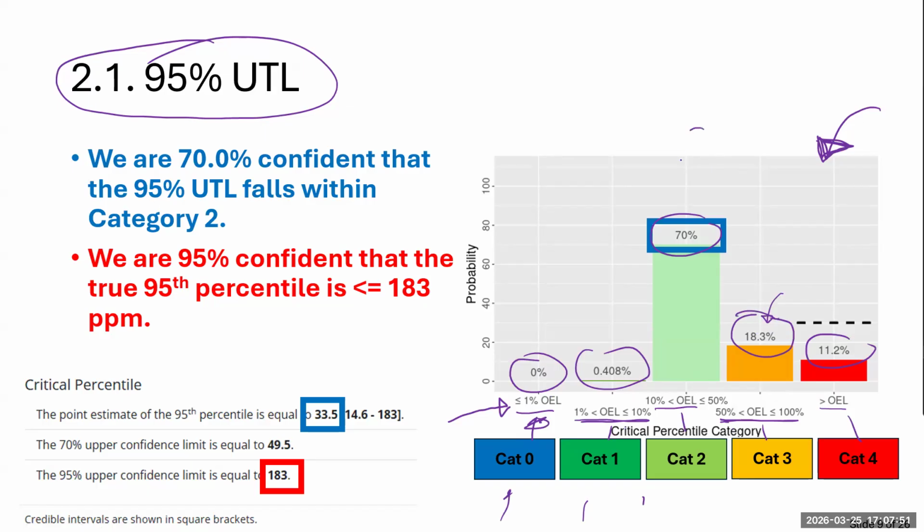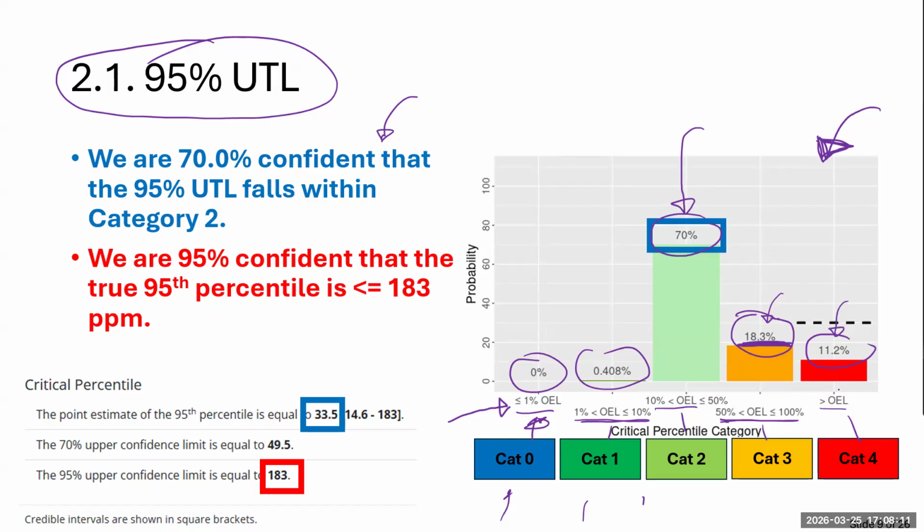So we're 70% confident, I'm going to basically read this, we're 70% confident that the 95% UTL falls within category 2. If we were also to look at these others, we could say we're 18.3% confident that our 95% UTL falls in category 3.